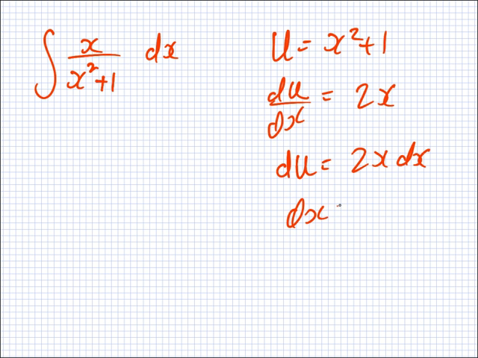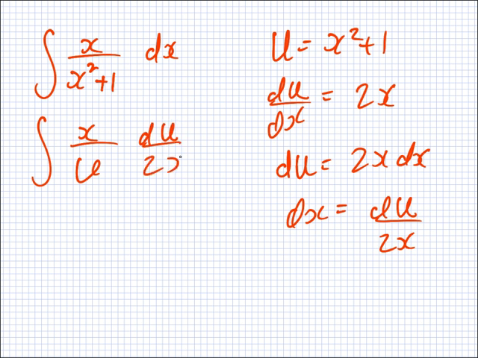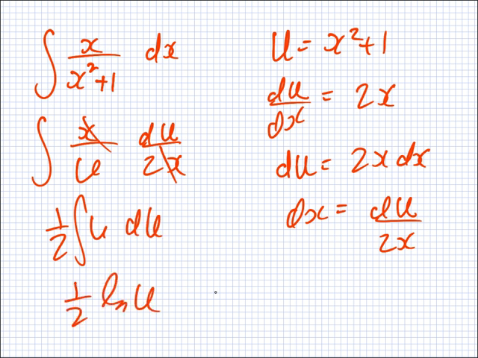So dx equals du over 2x. So this is integrate x over u, du over 2x. And this is nice. X goes with x. It's half integrate u du, which is what?